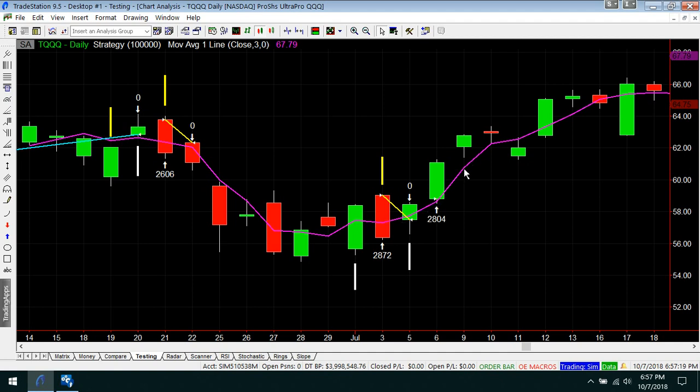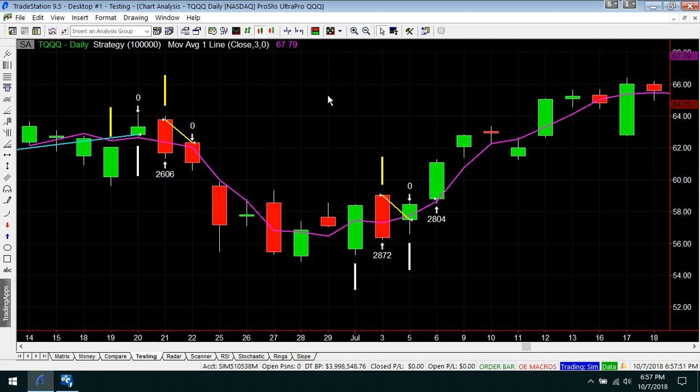And when the moving average is sloping up, for example, here, it's sloping up the entire time, then we want to be long. When the moving average is sloping down, for example, all through here, this is all down slope, then we don't want to be in the market. We want to be just out. So that's really basically what's going on. Nothing else is happening. It's just very, very simple.